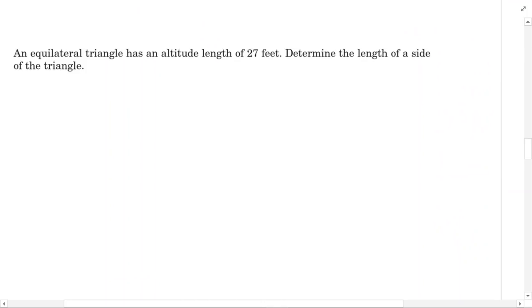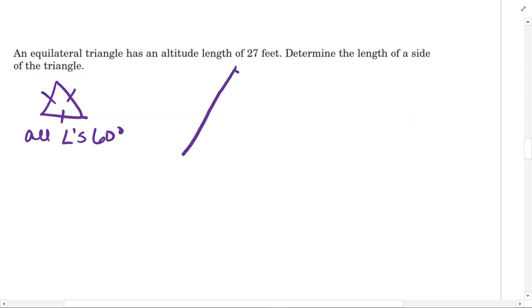The next problem says that we have an equilateral triangle, and if you review what an equilateral triangle is, all the sides are congruent and each of the angles are 60 degrees. So all angles are 60 degrees.